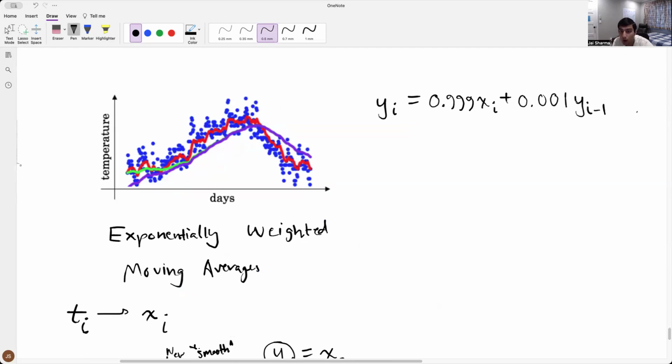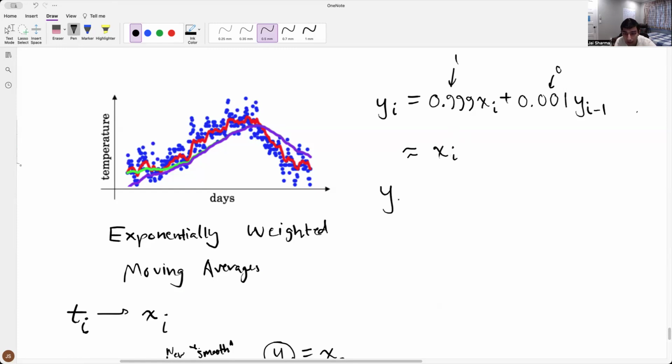Yi minus 1 is just the y from the previous time step because this is yi. So we're taking 0.999 times xi and then plus 0.001 times yi minus 1. And so what does this mean? This means essentially this is almost just 1, and then this is almost just 0. So this is almost just xi, right? So you're essentially just setting yi to be equal to xi, almost, if this thing is very close to 1 and this thing is very close to 0.